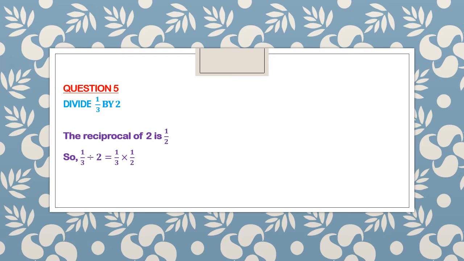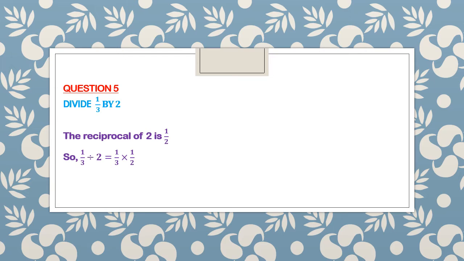I am repeating it again. 1 by 3 divided by 2, 1 by 3 will be written as it is. The division sign will get converted into a multiplication sign, and instead of 2, we'll be writing the reciprocal of 2, that is 1 by 2.